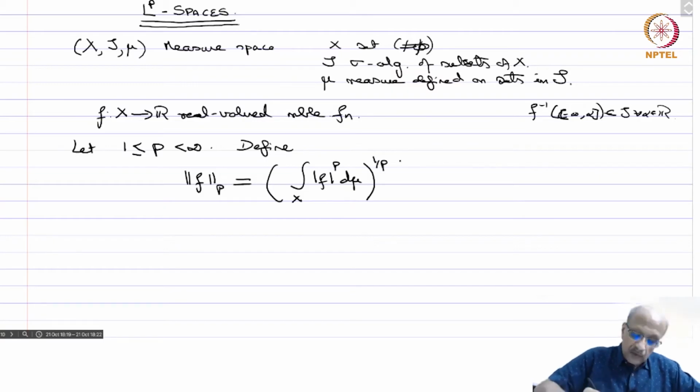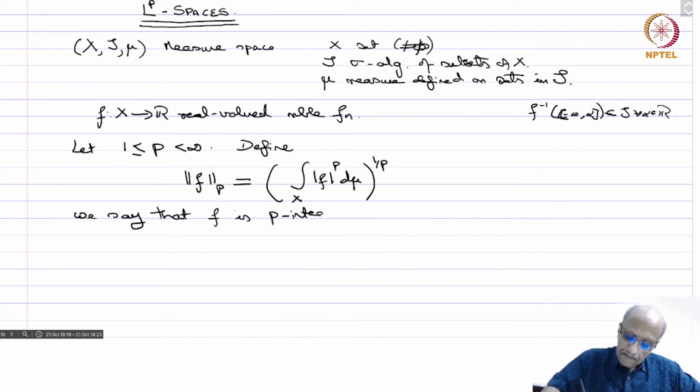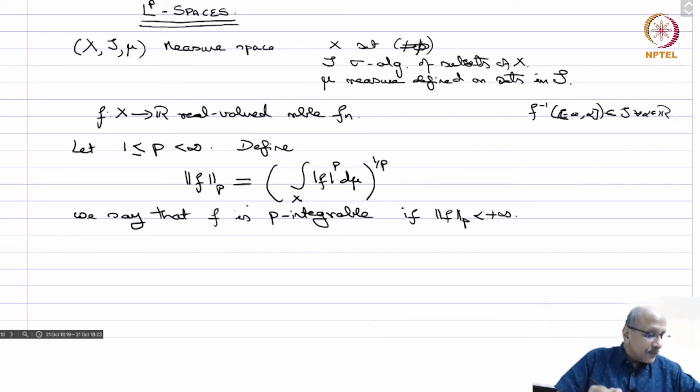Okay, so we say that f is p integrable if norm f p is finite. Now if p equals 1, we say integrable. If p equals 2, we say square integrable, and so on.